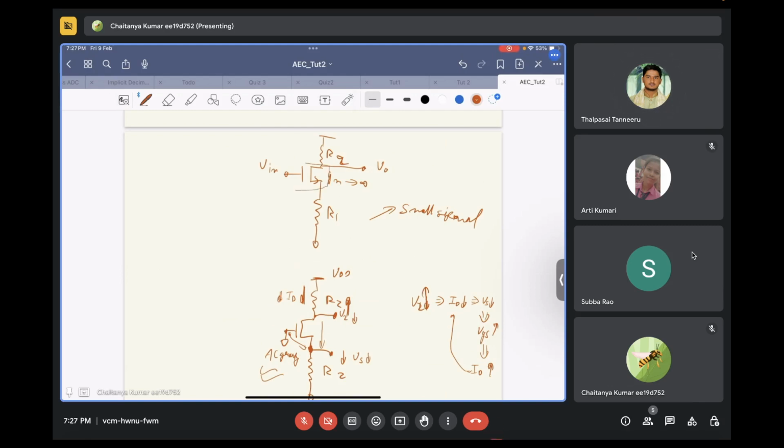In small signal, what does a MOSFET behave like? A voltage controlled current source. On which voltage does this current source depend? GM times VGS, that is Vin minus VS. If GM goes to infinity and the circuit we have proved is in negative feedback, what will happen to VGS?